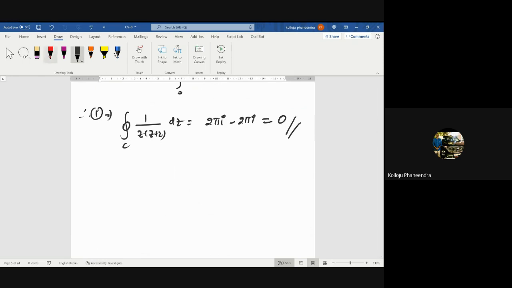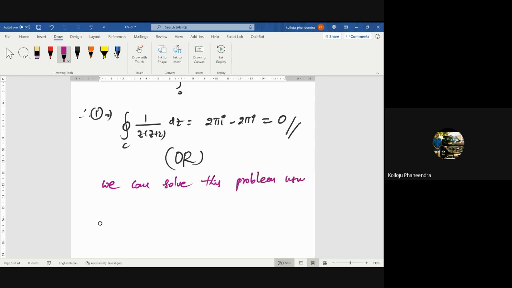Now, this is using Cauchy's extension theorem. We can also solve this problem using the Cauchy integral formula.